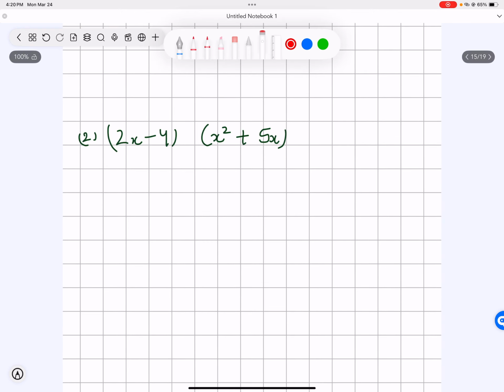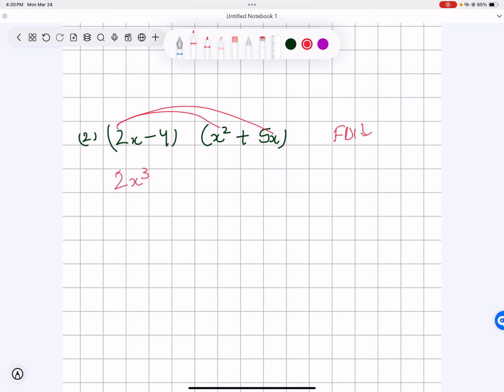Next, I have (2x minus 4) and (x squared plus 5). First, I'm going to do the distributive property again. We'll multiply this by this and this by this first. This is actually the FOIL method. So 2x times x squared is 2x cubed.